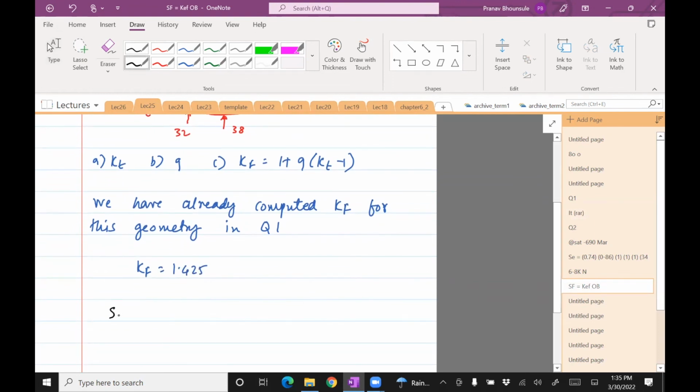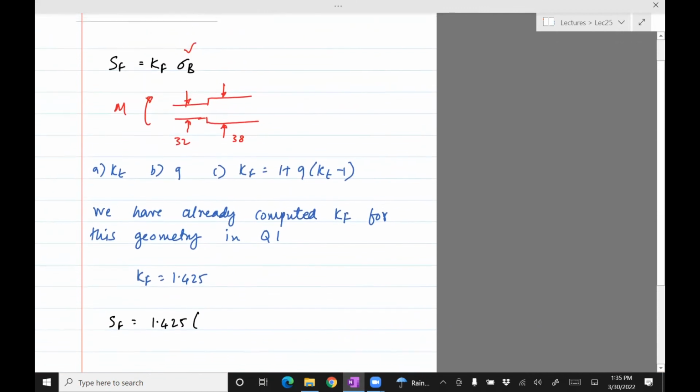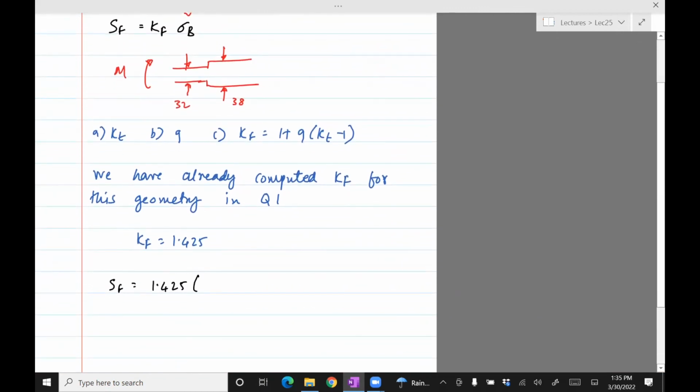And so now we can compute SF is 1.425 times sigma B, which is 216. So that comes out to be 307.8, 308.